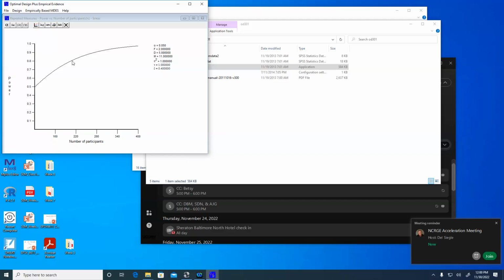For your homework, there are 4 problems that give you specific numbers to plug into Optimal Design to get power out. I would encourage you to do the 4 problems, but also just mess around with this, because it will really help you get a good intuitive conceptual sense of what influences power and what things have more or less influence on power.